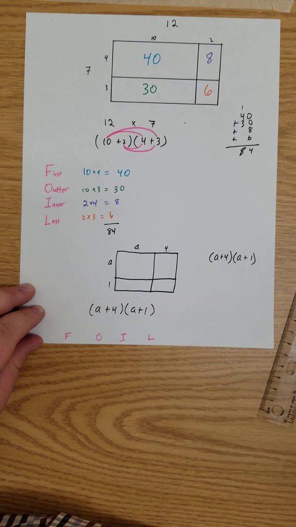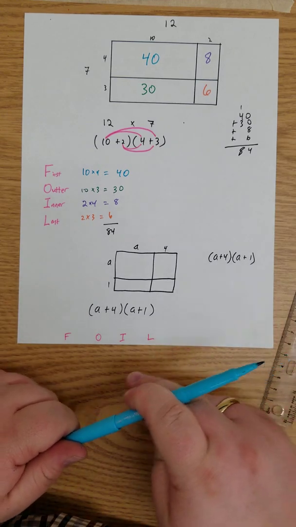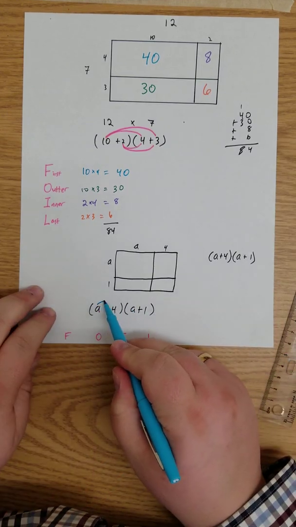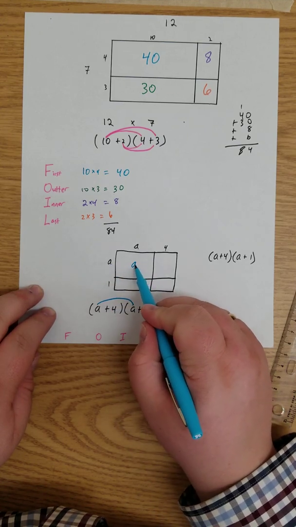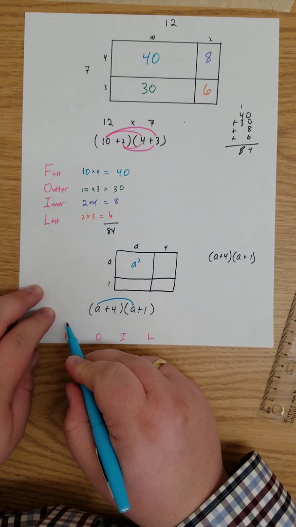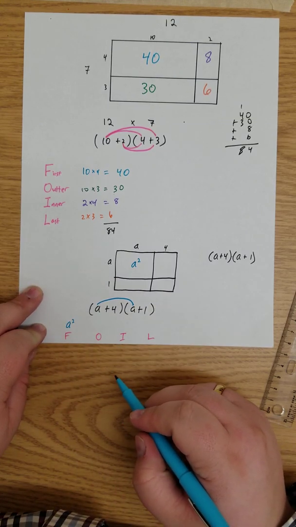My first numbers are going to be in blue, and they are the first numbers here. That's this area right here. A times a is a squared. So my first numbers is a squared.